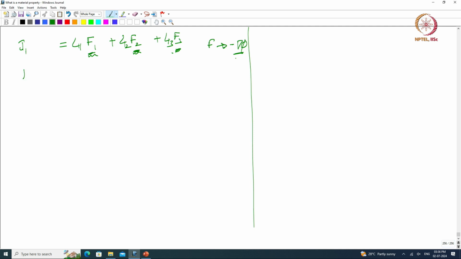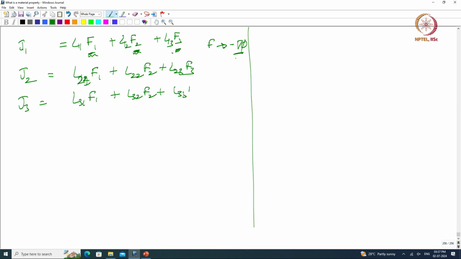Then I can look at J2, which is the flux of 2, that is L21 F1 plus L22 F2 plus L23 F3. J3 will be L31 F1 plus L32 F2 plus L33 F3.